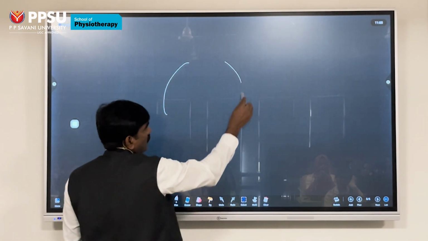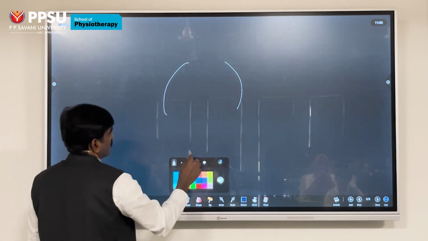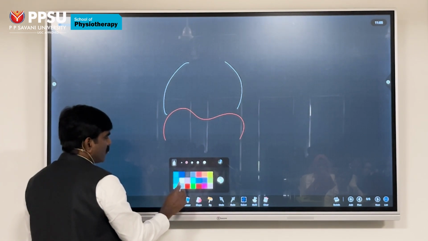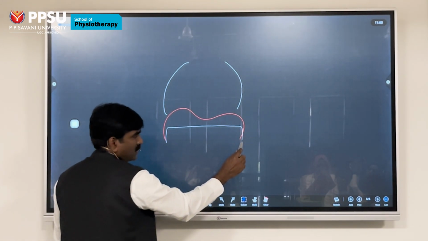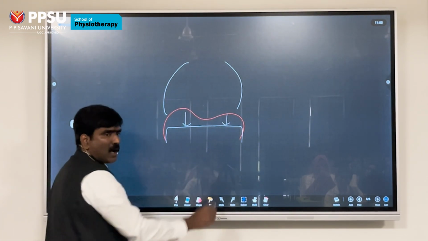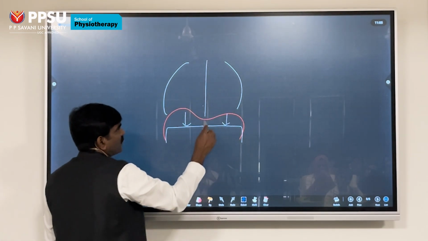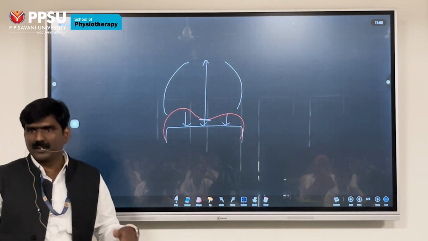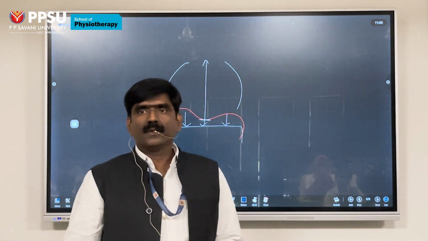This is the chest wall and this is the diaphragm, right? When the diaphragm is contracting, that is during inspiration, the diaphragm comes down. So which diameter is increased? Vertical diameter is increased during inspiration, right?